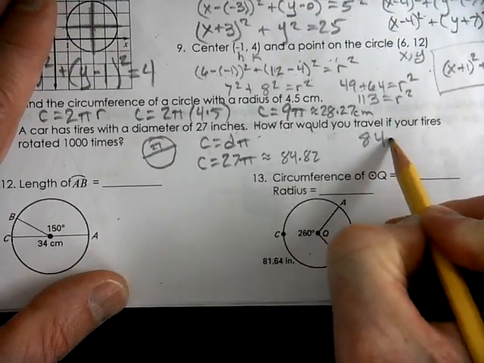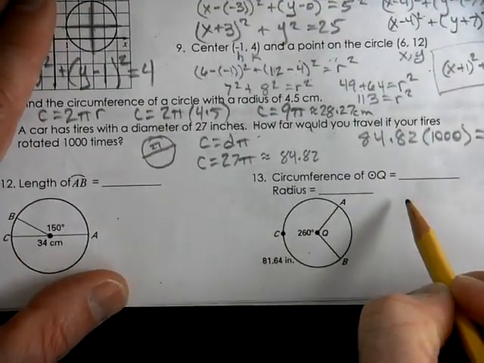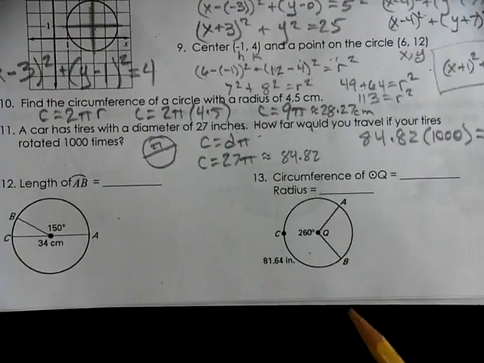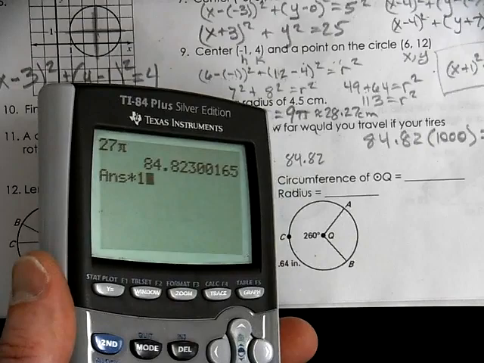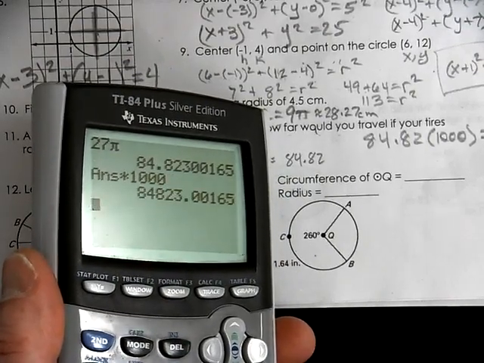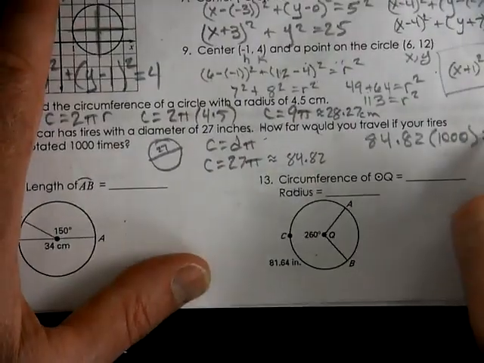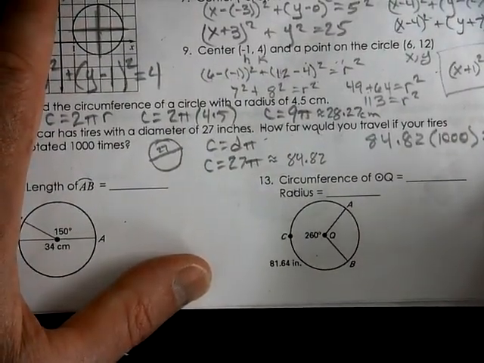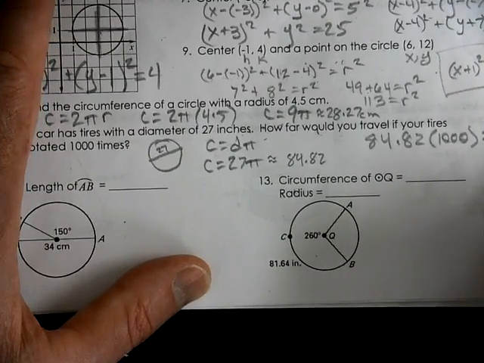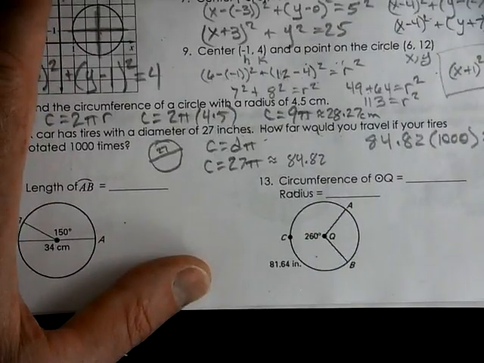So 84.82 times 1,000. That's going to move our decimal over 3 spots. And we get 84,823. Just about exactly. Those are inches.